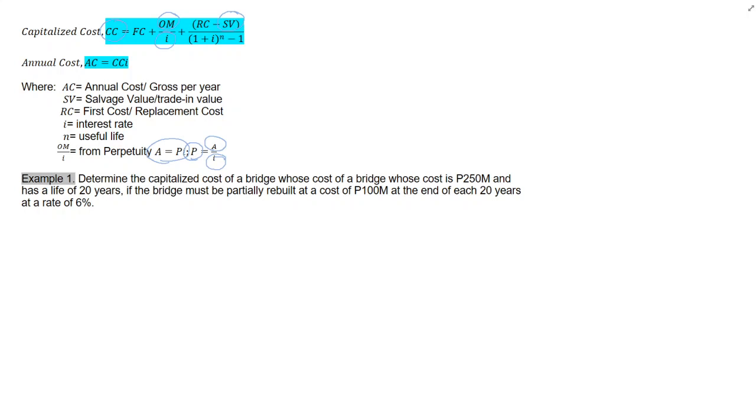If the bridge must be partially rebuilt at a cost of 100 million, so that is already your first cost minus the salvage value, since it is partially rebuilt, at the end of each 20 years at a rate of 6%. Your 6% there is already your interest rate, since that is annual, and it is not mentioned if it is compounded.